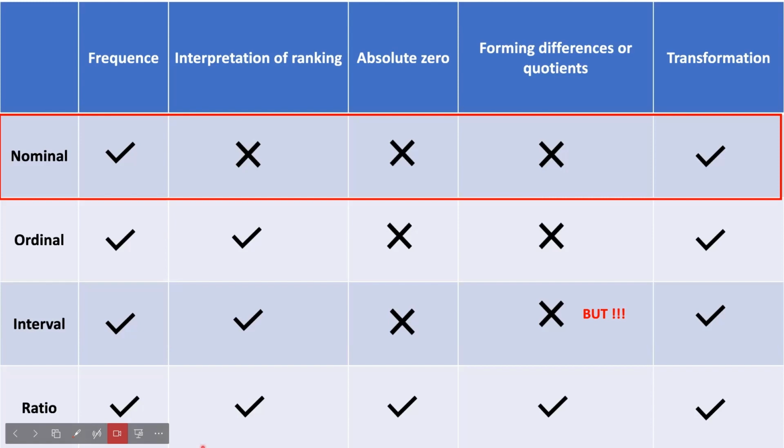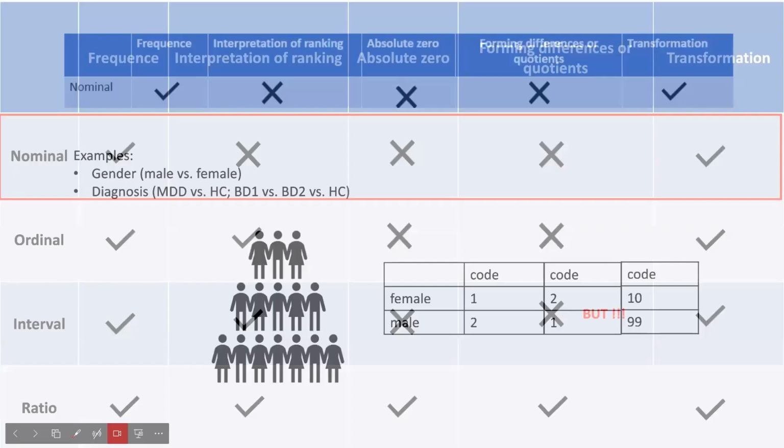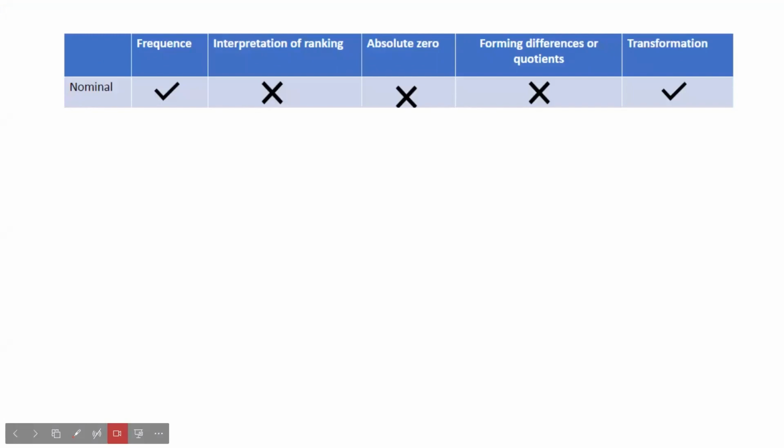So first, let's take a look at the nominal scale. What is the nominal scale? For example, gender and diagnosis are nominal scales, where we can categorize gender as male and female. We can also have the depressive group and the healthy group, or bipolar type 1, bipolar type 2, and the healthy control group.